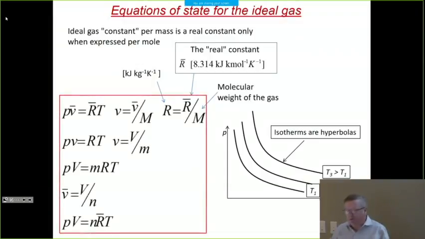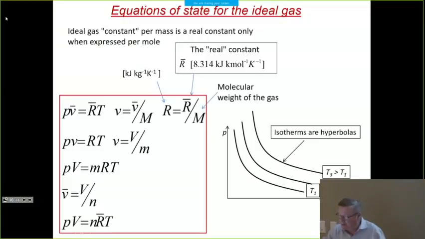All right, so once we have the ideal gas constant, we can write this previous expression as P times V bar, the specific volume per mole, equals R bar, the ideal gas constant, times temperature. Well, we know that the specific volume per mole divided by the molecular weight is the specific volume per kilogram.